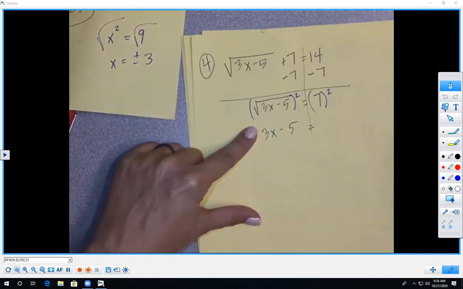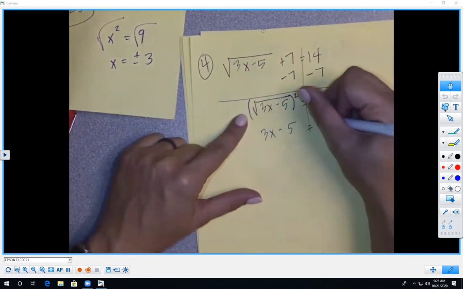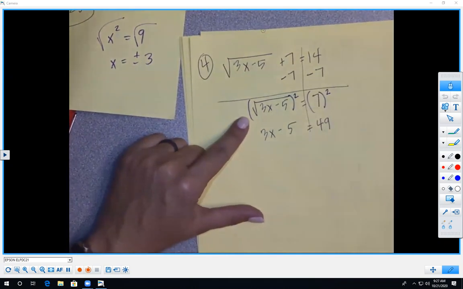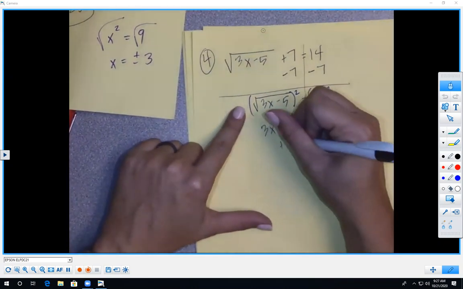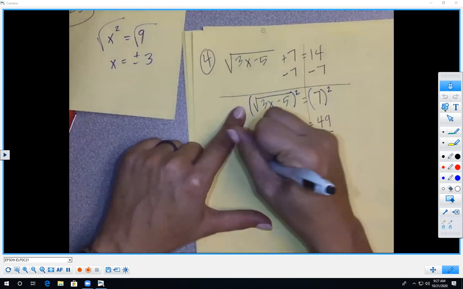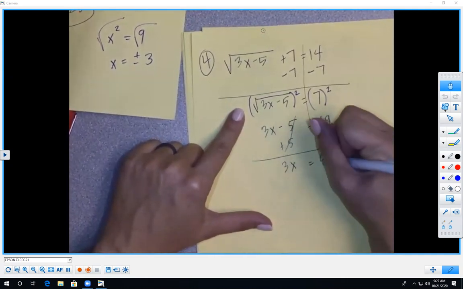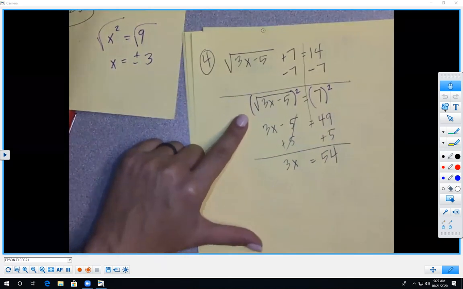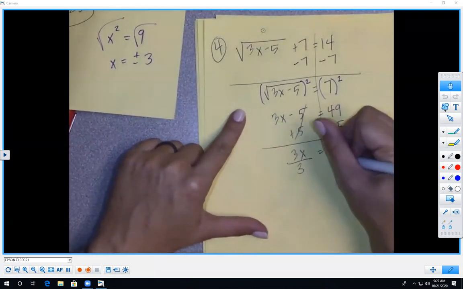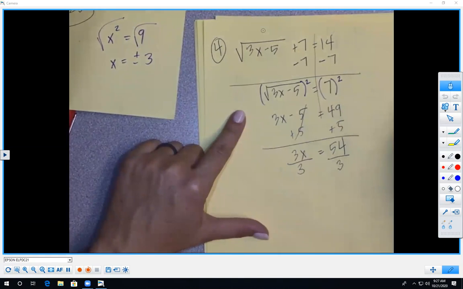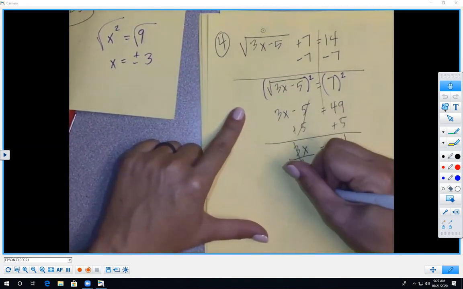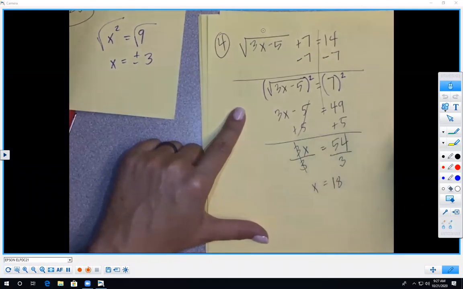On the right-hand side, I get 7 times 7, which is 49. And then add 5 to both sides. I get 3x equals 54. Divide both sides by 3. And I get x equals 18.